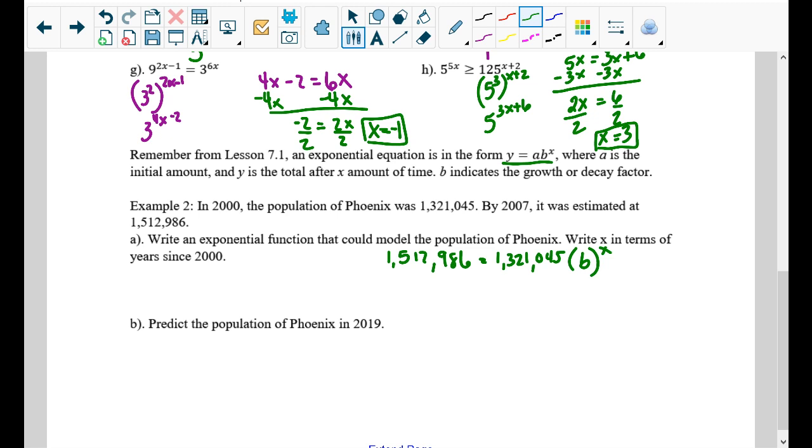And in this case, our x, our exponent, we know it went from 2000 to 2007. So that's going to give us 7 years. So that's going to be a power of 7. We just need to find that b value. So we're just going to solve for b. So we're going to divide both sides then by 1.3 million here, 1,321,045.